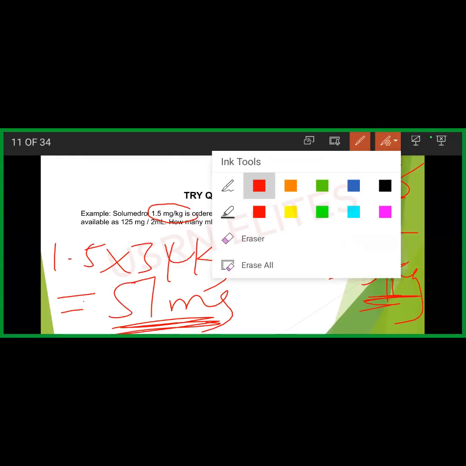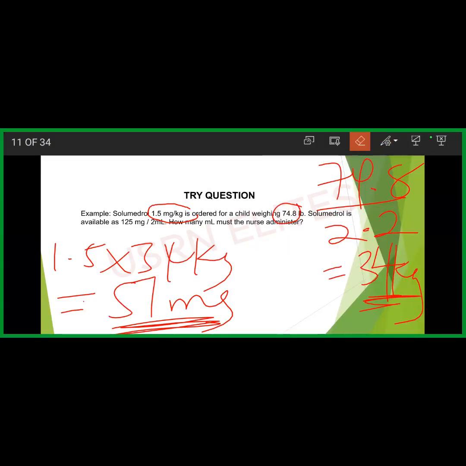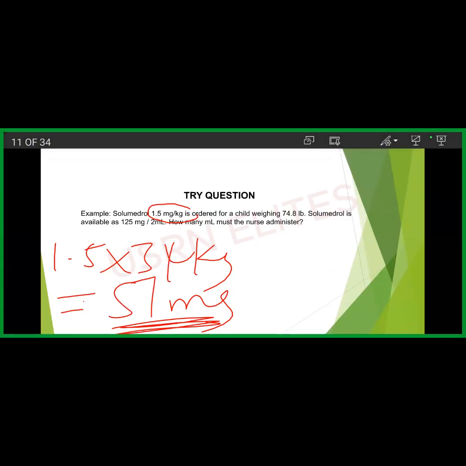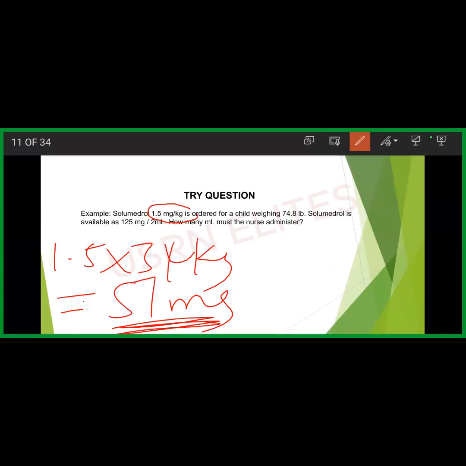So let me clean the conversion here. We now know the actual dosage the child is supposed to receive. We have the available preparation here. They give it to us as, for every 125 milligrams, you have 2 mils.